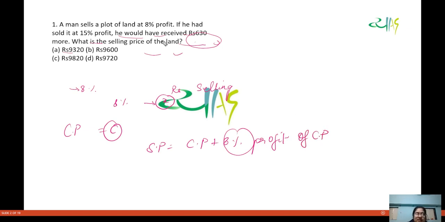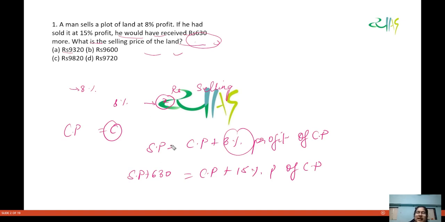Now this is saying, if he had sold it at 15% profit, he would have received rupees 630 more. So that means in the selling price, 630 will get added more. So cost price plus 15% profit of cost price.